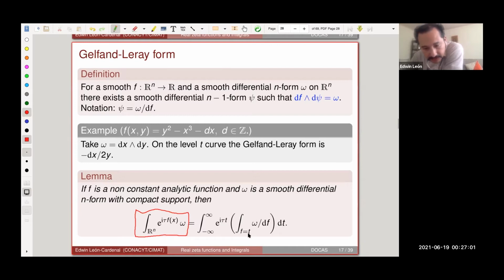So f is equal to t, inside this integral is the Gelfand-Leray form, and outside the integral is the function where t is constant, and you are integrating over t. Okay, so this justifies the change that I made in the previous slide.